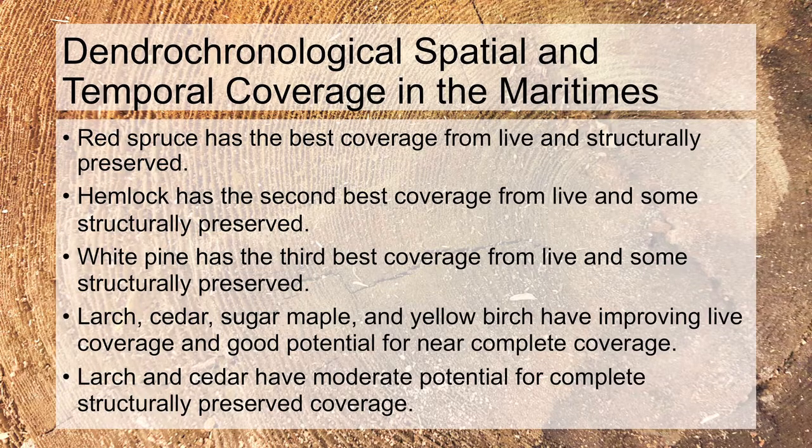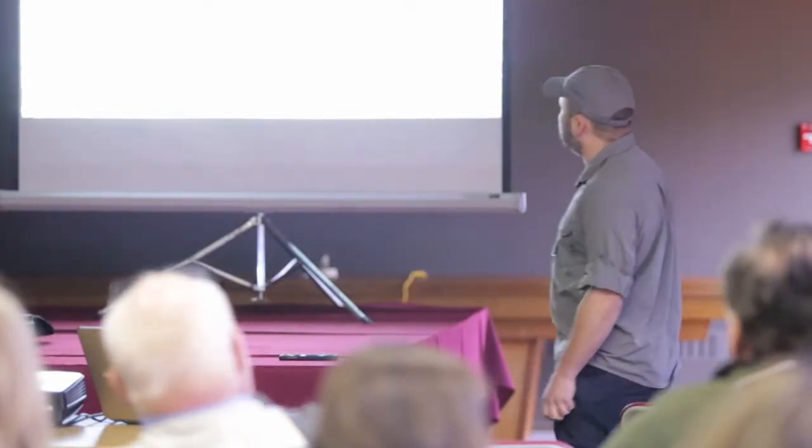There's some pretty good coverage from spruce and hemlock between living and archaeological samples. Pine, the King's Mark didn't allow people to actually use white pine in construction, so there's not much of that there.